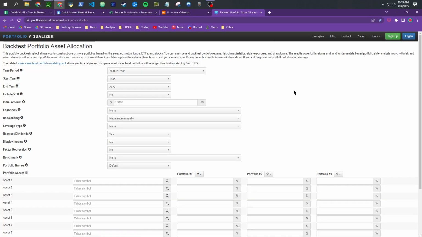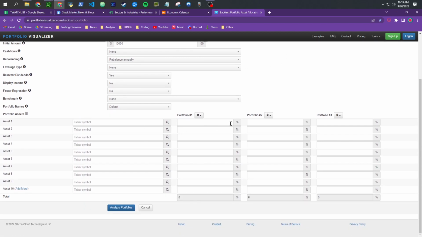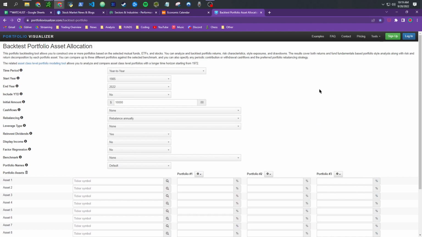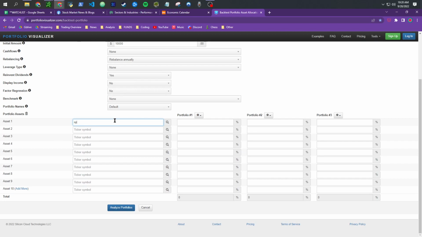This one is nice. I will say something about Portfolio Visualizer, another free one, where you can test certain strategies over a long period of time. Let's say you wanted to see how the S&P compared to the Dow. You could set up your portfolios here.